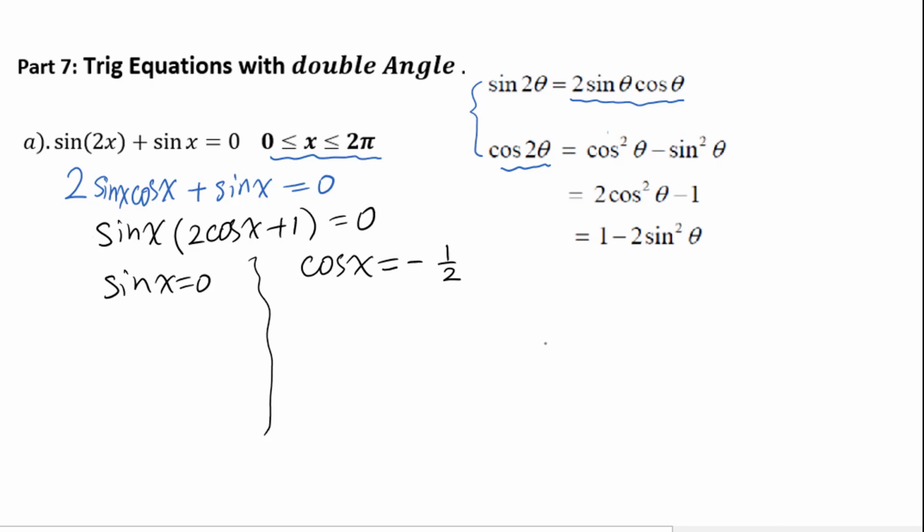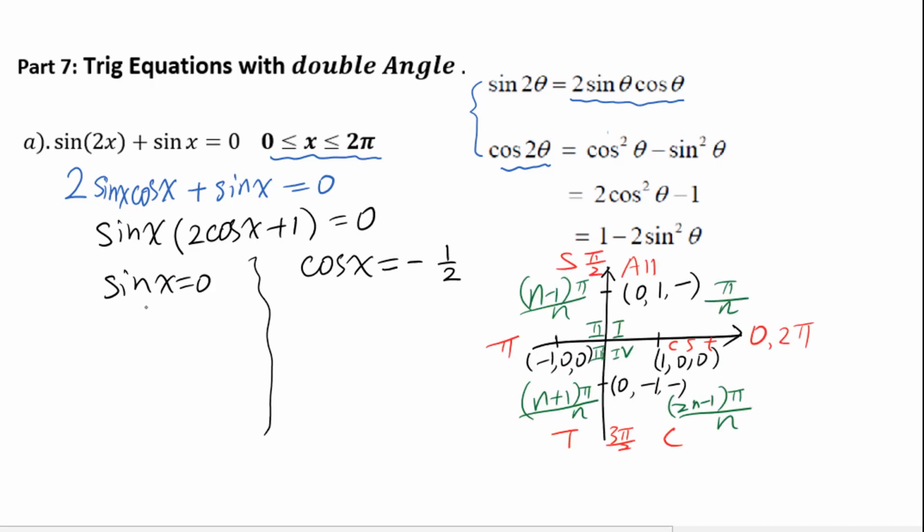So we need to draw the diagram. For sine x equal to 0, this x is a quadrantal angle. You could say the sine is 0. X equals 0, pi, 2 pi.